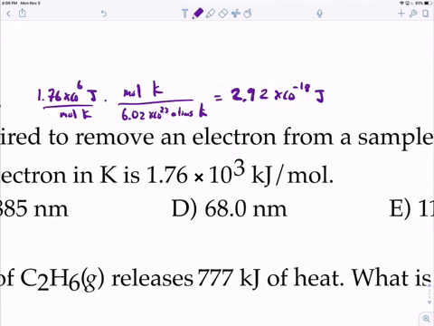This right here is the binding energy. This is per atom.